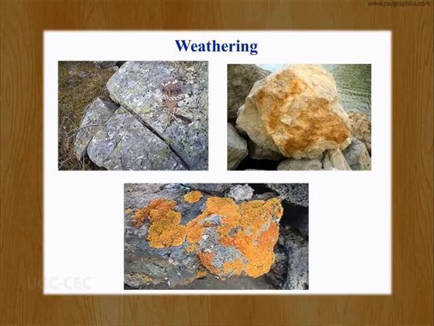The agents can be physical, like sunshine, rainfall, frost, or any other physical factors. Chemical weathering is done by chemical conditions occurring in rocks, like chemical reactions, examples of which are carbonation as well as oxidation.